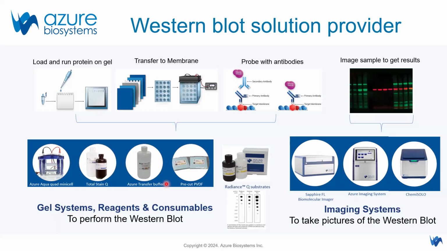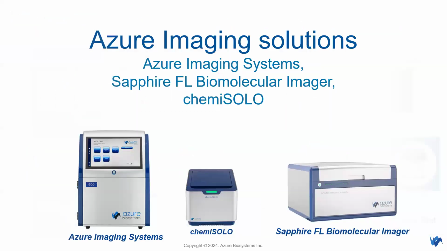We have equipment and also consumables for your Western blotting techniques, covering gel systems, reagents, and consumables, including the imaging systems. So let us look at the imaging systems then. In Azure, we have three main imaging solutions for your general or specific laboratory needs: Azure Imaging Systems, Chemisolo, and Sapphire FL.